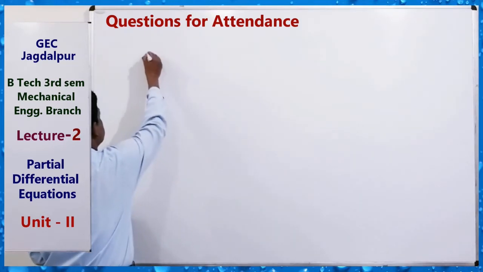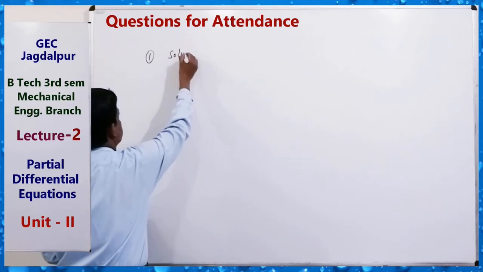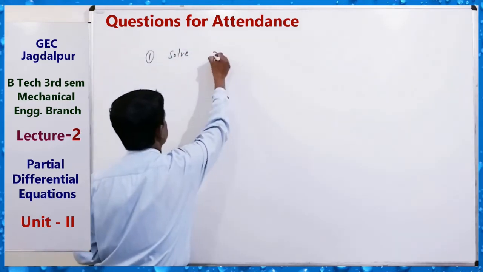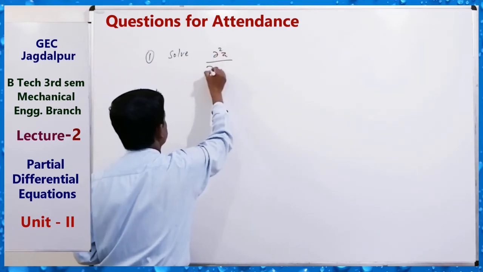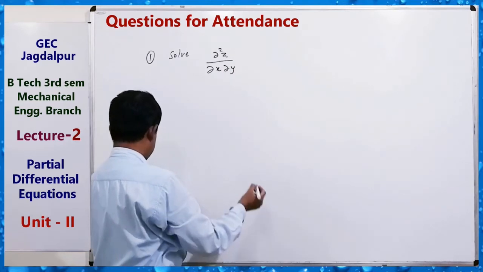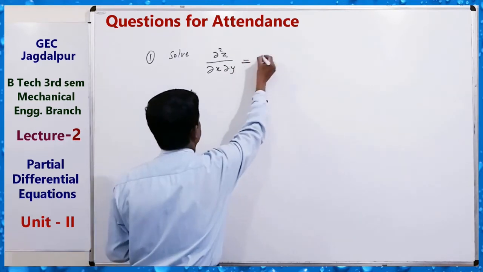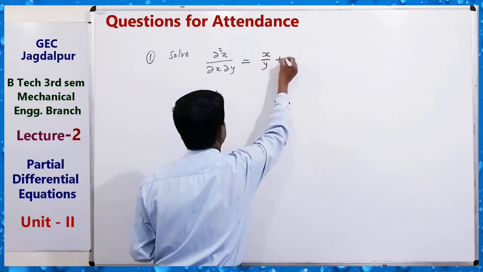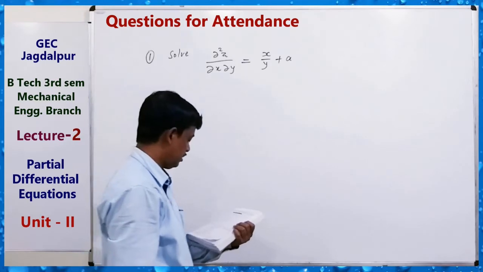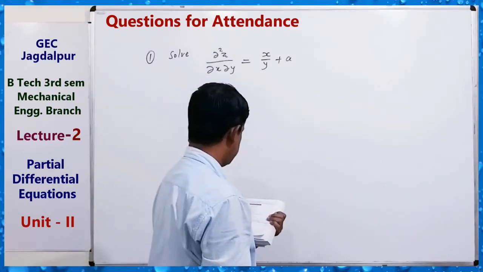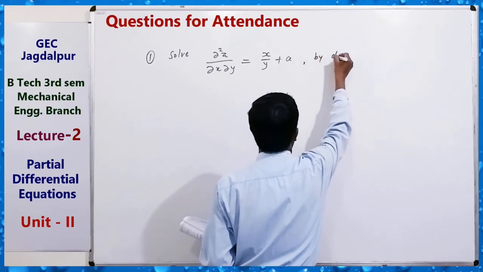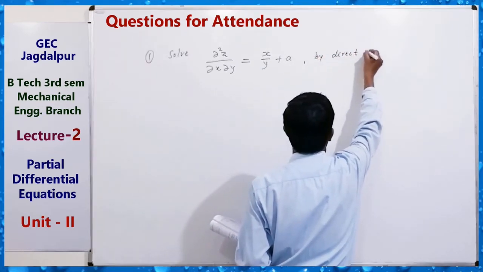First question: solve del 2 z by del x del y equals x by y plus a, by direct integration.